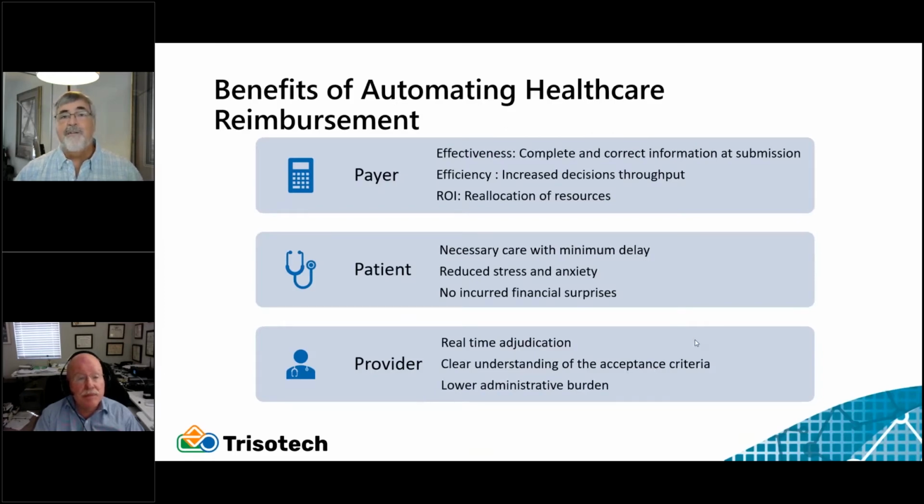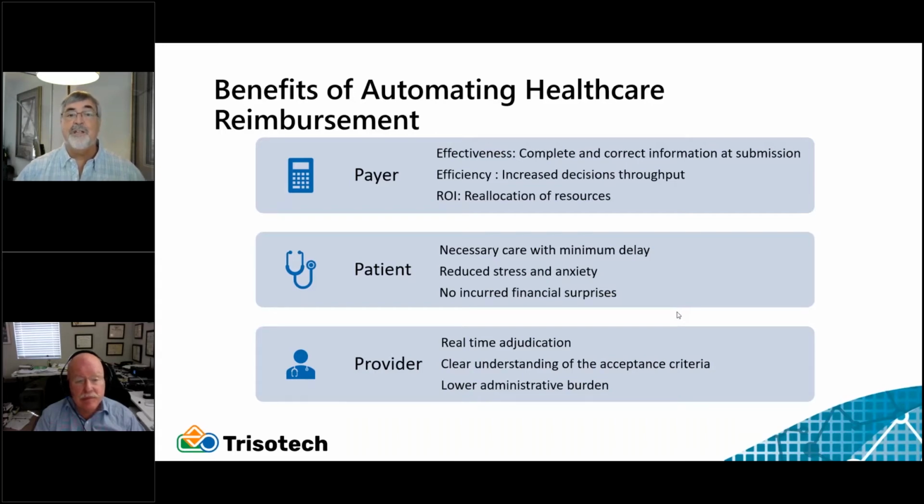The benefits of automating healthcare reimbursement, whether it's prior or post-service being provided, are many. And you can imagine some yourself, but for patients, for example, we make sure that the necessary care is provided with minimum delay, that there's reduced stress and anxiety because everything is clearly defined and scaffolded, and there are no incurred financial surprises.